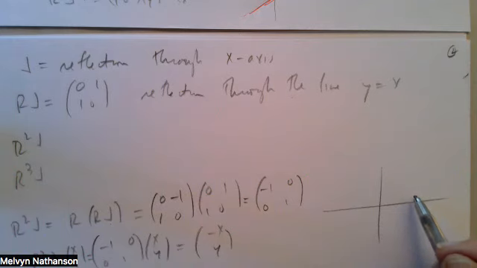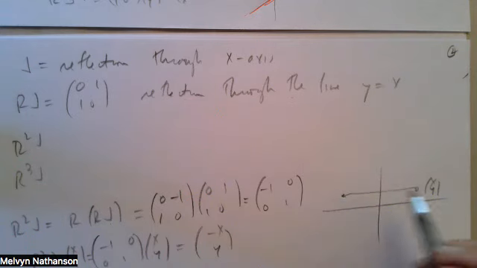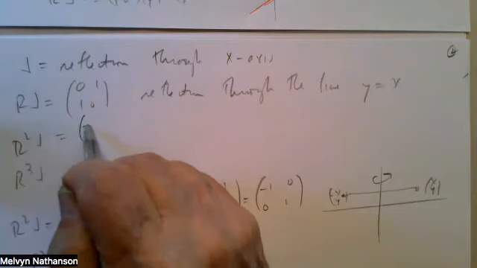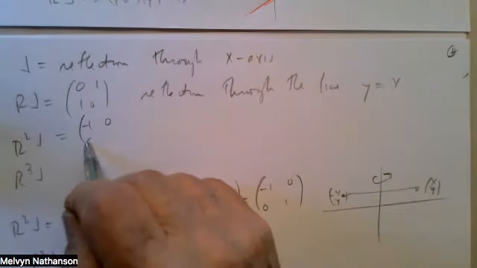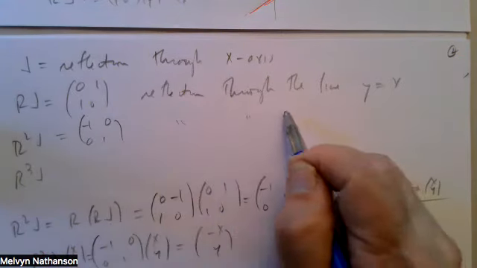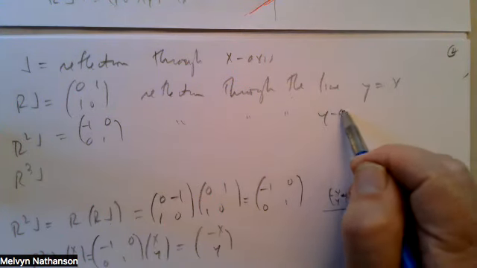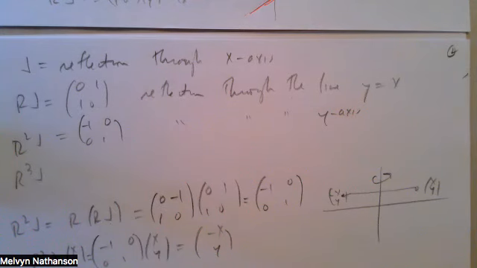So if you take the vector xy, it gets moved to minus x, y. That's reflection through the y-axis. So R squared j, which is the matrix minus 1, 0, 0, 1, is reflection through the y-axis.